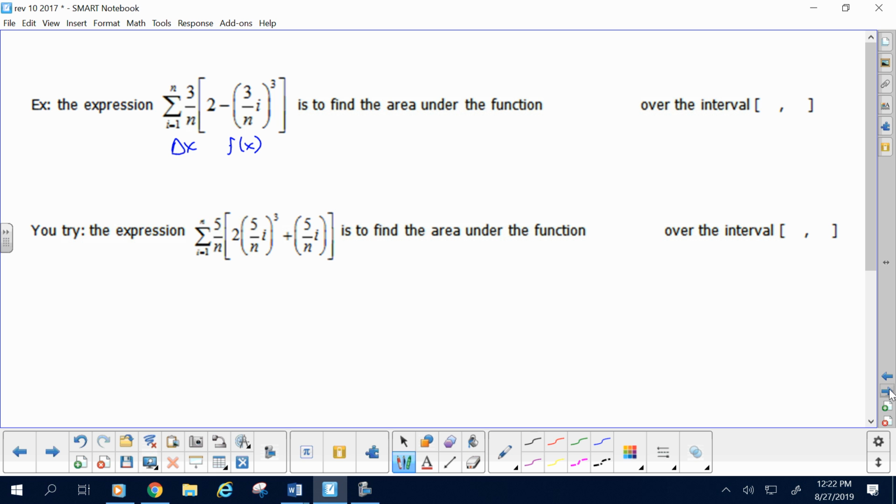So hopefully you should be able to tell me what's the function they're finding the area under, and what's the region. So what do you reckon the function is? 2 minus x cubed. And what's the interval? 0 to the square root of 3 because the width of the region is 3. Okay, cool. You try.